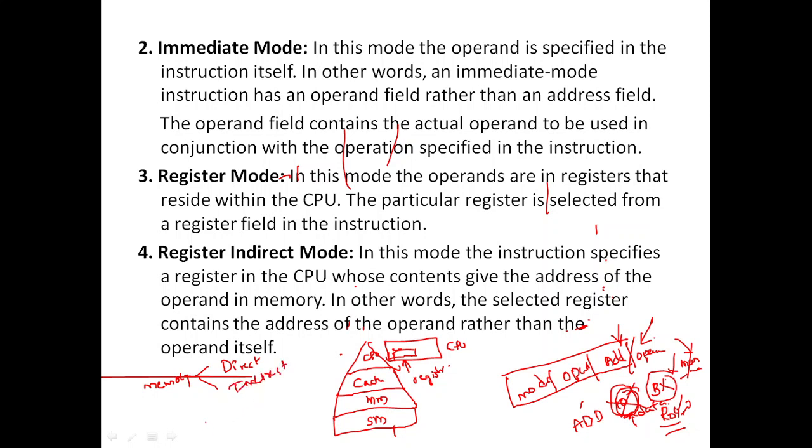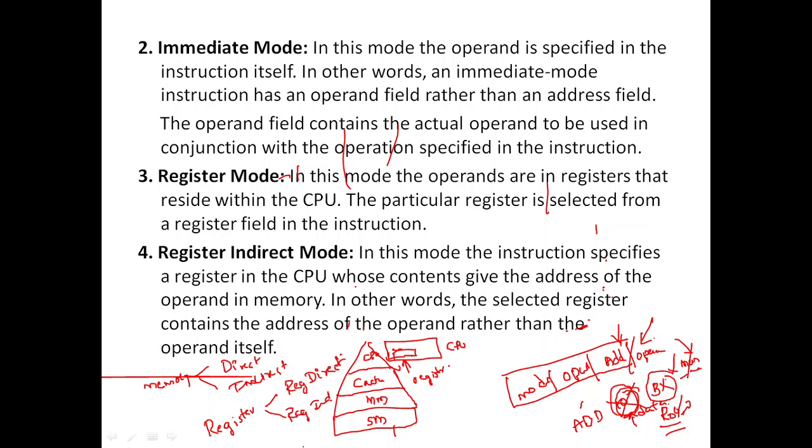And when it comes to the registers, we also have register direct and register indirect. So in register mode, directly we are going to get the register. In register indirect mode, this instruction specifies a register in the CPU whose content gives the address of the operand in the memory.